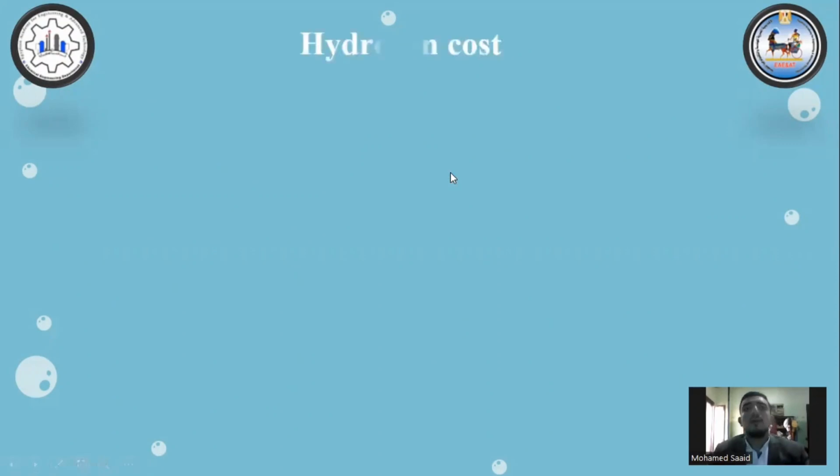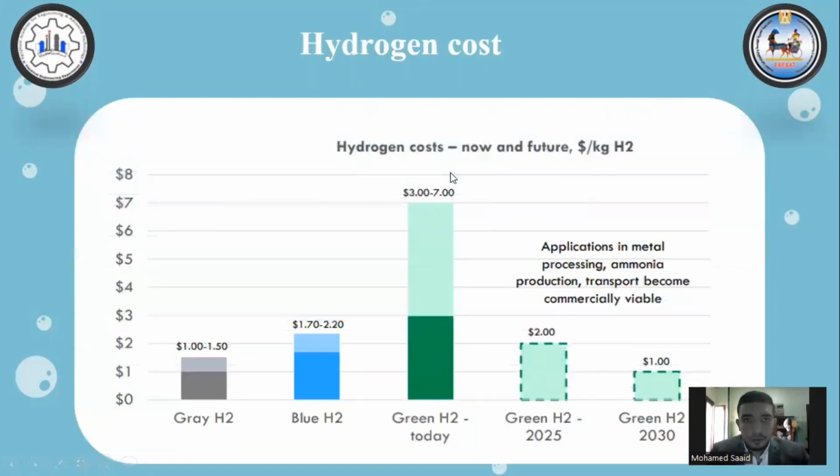The hydrogen cost. The price of gray hydrogen ranges between $1 to $1.5 for each kilogram of hydrogen. Blue hydrogen ranges between $1.7 to $2.2 for each kilogram of hydrogen.